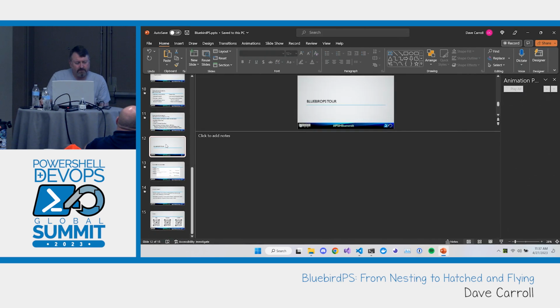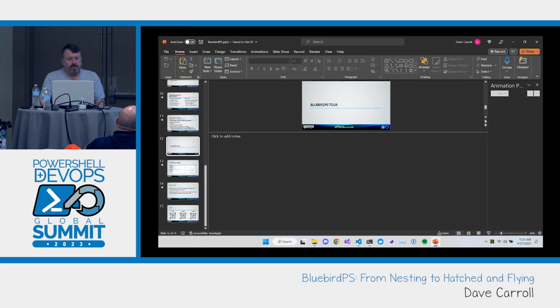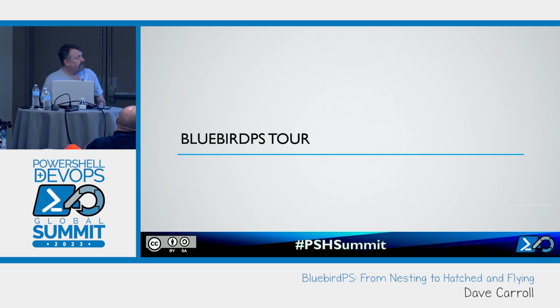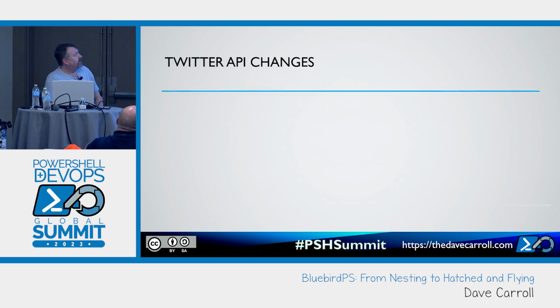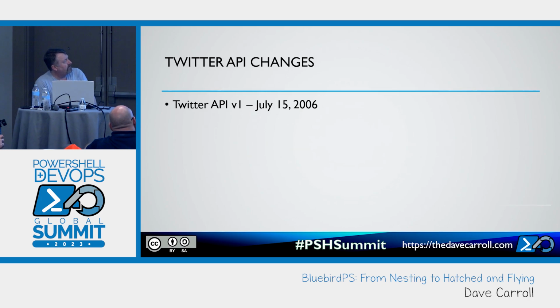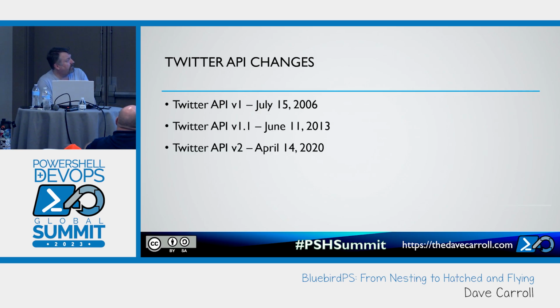So we can continue on here. The Twitter API itself, the first one was produced in 2006, and V1.1 was dropped 2013. V2 was dropped 2020, and the new tiers for V2, April 29th.